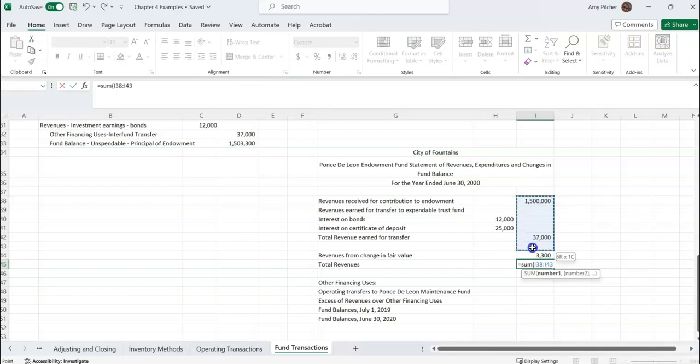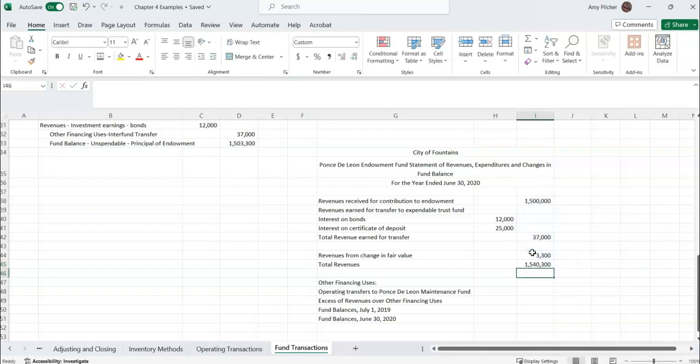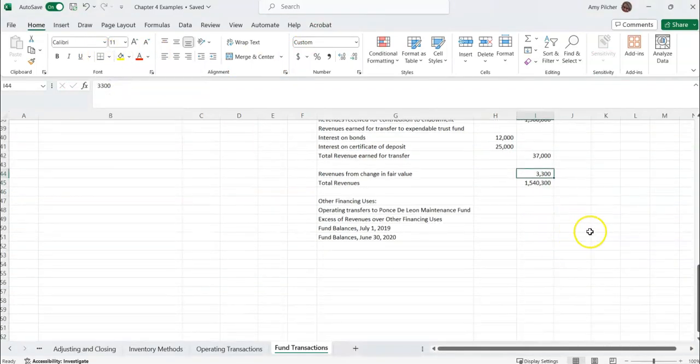So we add up our revenues, and we have total revenue of $1,540,300. We transferred $37,000 out to the operating fund.